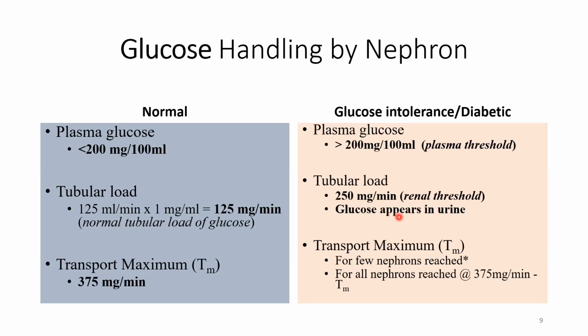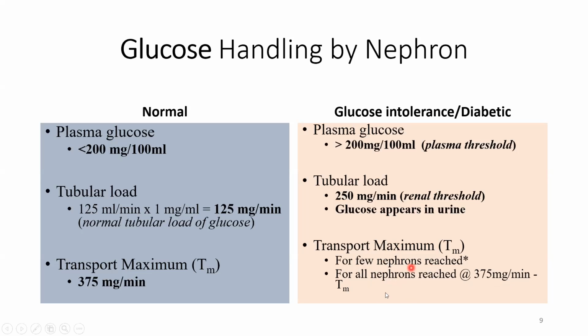Why would it appear in the urine? Because at this tubular load of 250 milligram per minute, added to your tubular fluid at the PCT, this will overwhelm the transport maximum for some of your nephrons, and all of them will be overwhelmed above 375 milligram per minute.